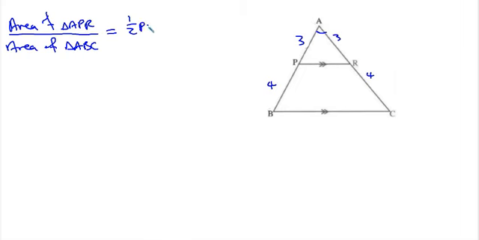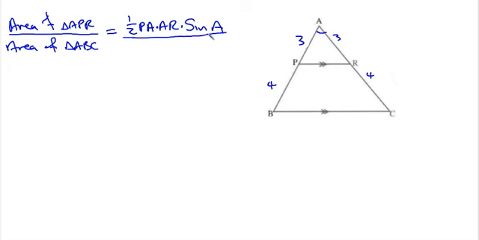PA multiplied by AR multiplied by sine A. That is the area rule here, where we have the two adjacent sides multiplied by the sine of the angle between those two adjacent sides.